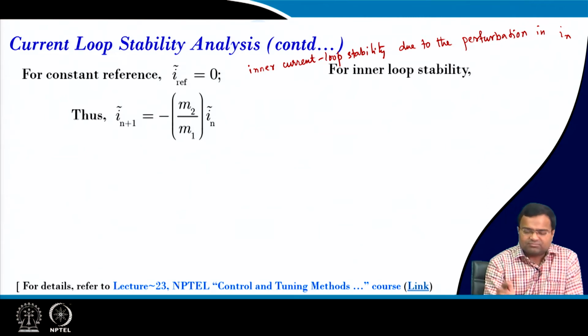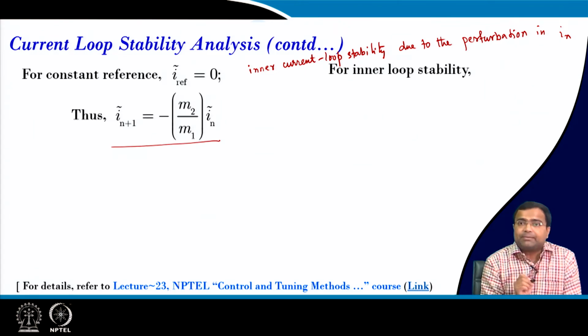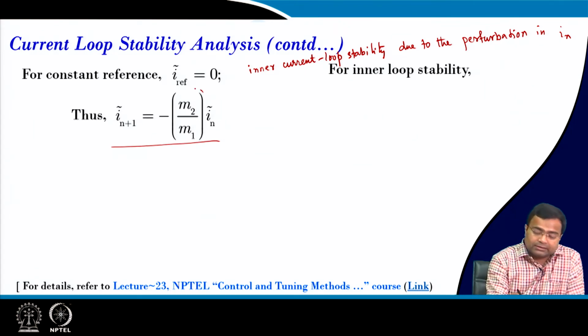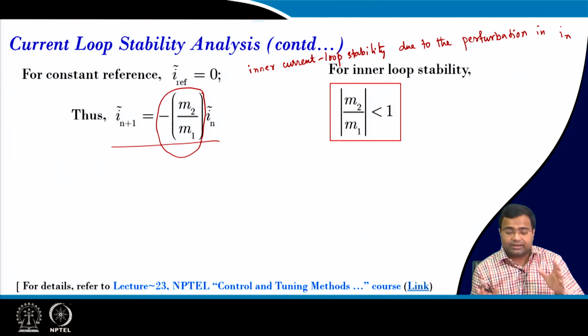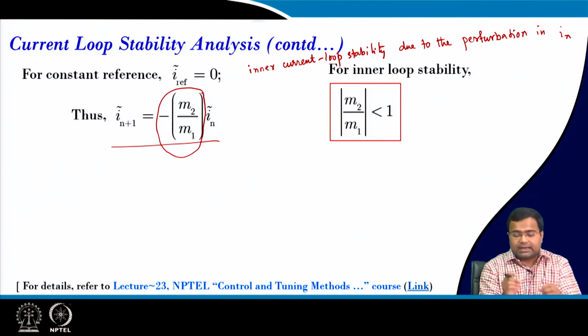Then, for inner loop stability, this will be the perturbed equation and it is a discrete time equation. We want the magnitude of the whole quantity to be smaller than unity, because it is discrete time, that means it should be inside the unit circle.